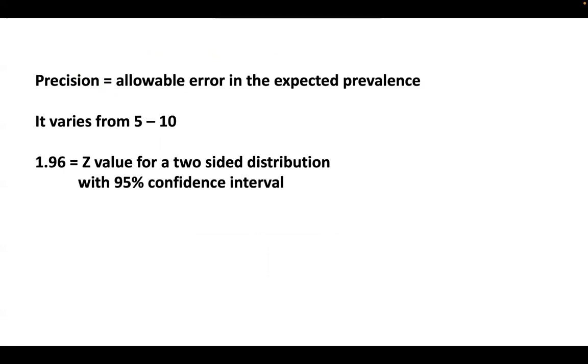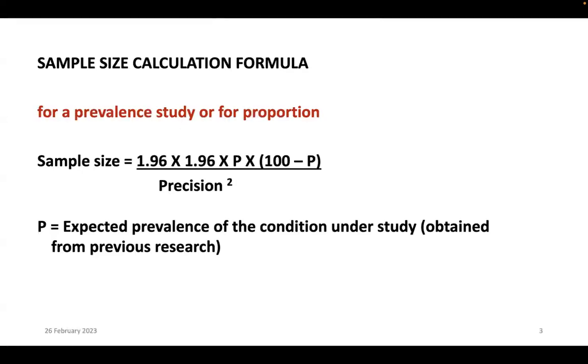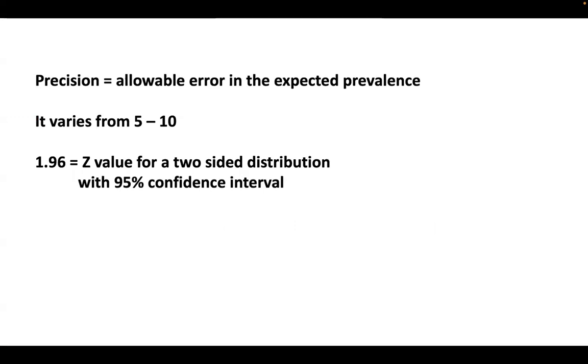But can the absolute precision be more than 20% of the relative precision, sir? Like if the prevalence is 10% and we take the absolute precision as 5%, is it allowable? Because in other studies we have read that the absolute precision should not be more than 20% of the prevalence.